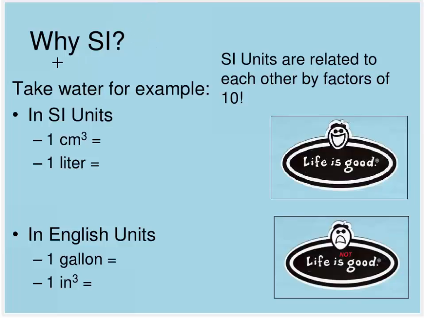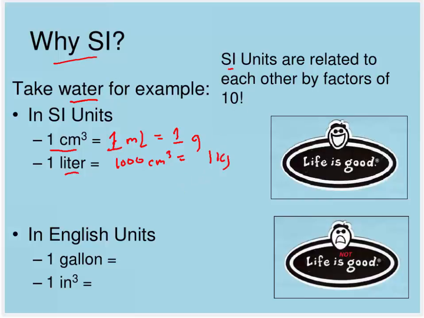Now you may be asking yourself, why are we using the SI system? It turns out it does make things quite a bit easier. If we were to take a look at water, for example, and we were to talk about 1 cubic centimeter of water, it turns out that's equal to 1 milliliter, which is equal to 1 gram. 1 liter of water is going to be 1,000 cubic centimeters, which is equal to 1 kilogram.